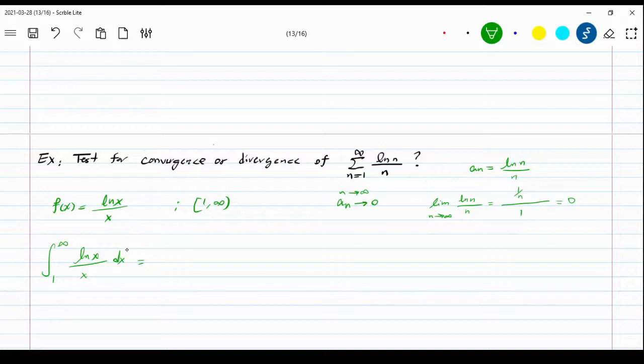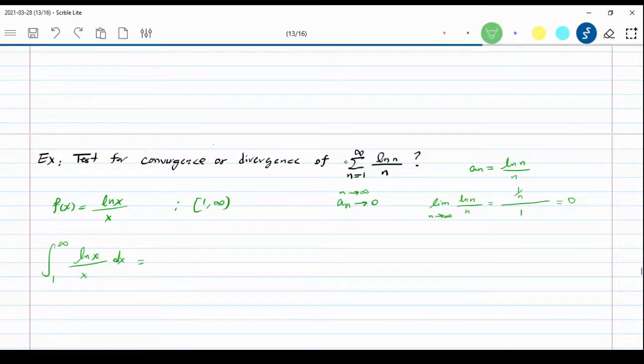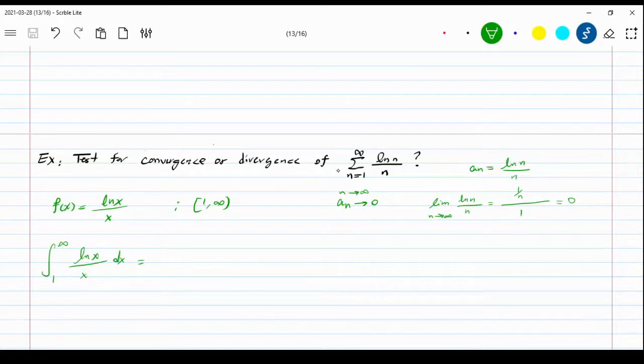So now I can go on and try to use this function. Otherwise, it's not really necessary to deal with this integral test. It's important that you check this. And to see if it's increasing or decreasing, you can take a derivative of this function to see if it's negative over this interval or not.